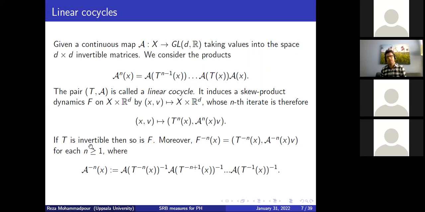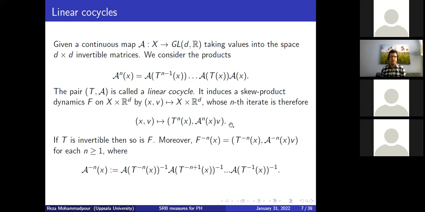If T is invertible, then F is also invertible. Moreover, we can define the inverse of F by A^{-n}(x) equal to the inverse of A at the point T^{-n}x, and so on. So that was the definition of the linear cocycle.